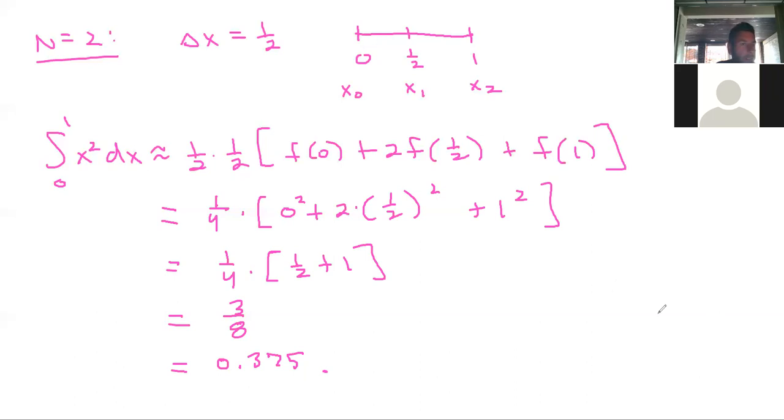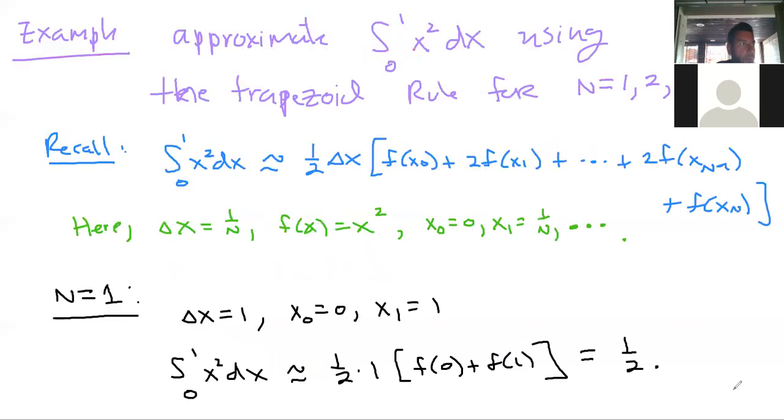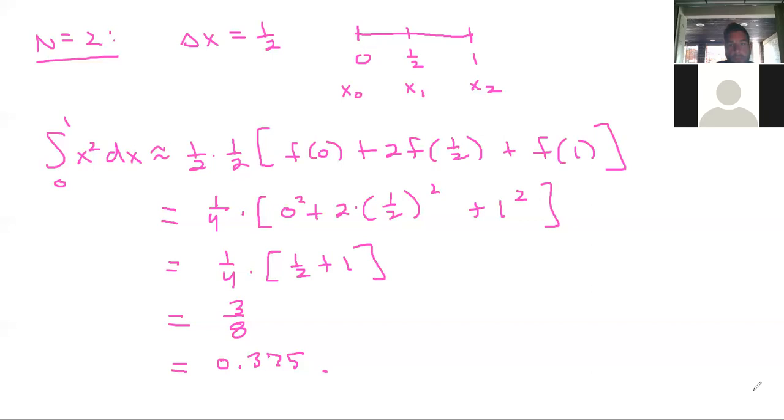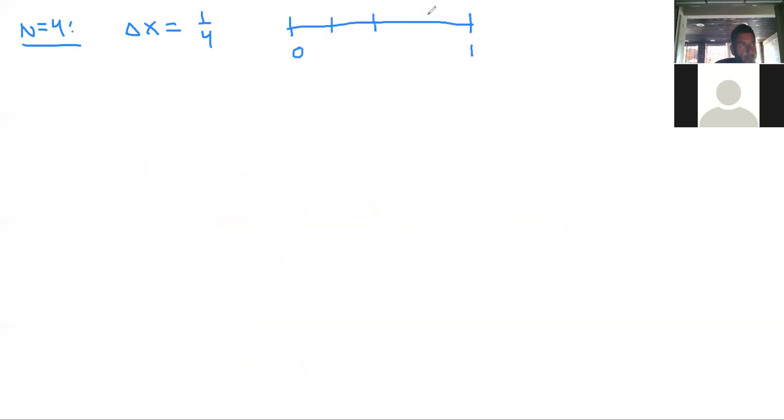All right, so what was the next thing? We said 1, 2, I think 4, and then 10. So now we have to do 4 rectangles. When n equals 4, your delta x is 1/4. If you want to figure out your x sub k's, you break it into 4 pieces. So this is 1/4, 2/4, 3/4.